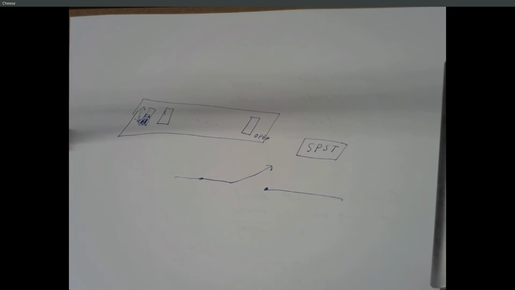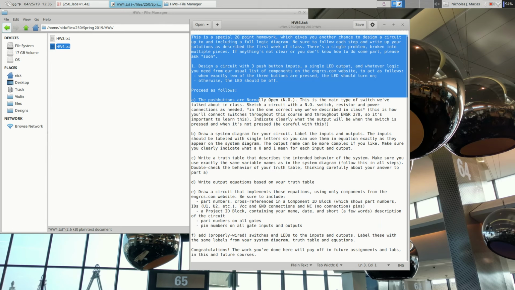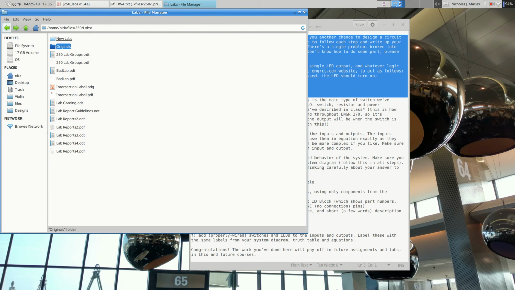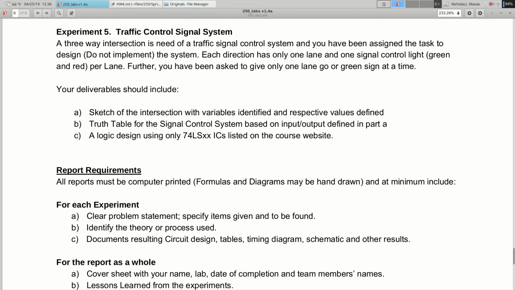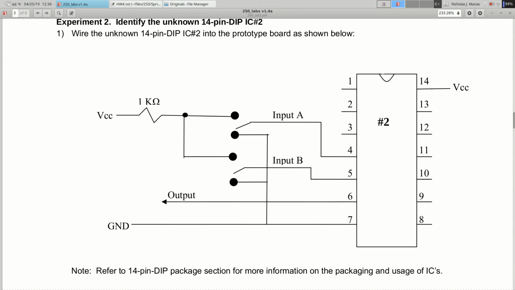Well, we have a bit of an issue, which is that when we're building circuits, we'd like to be able to do something like this. Have a switch that either feeds 5 volts, logic 1, or 0 volts, logic 0.